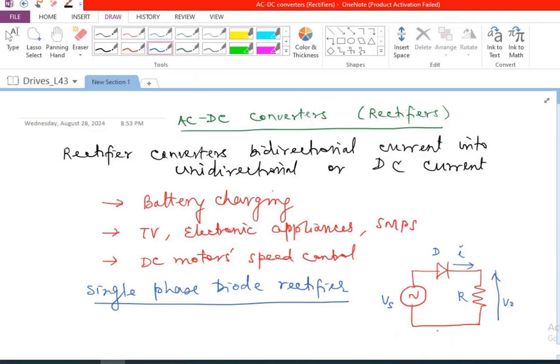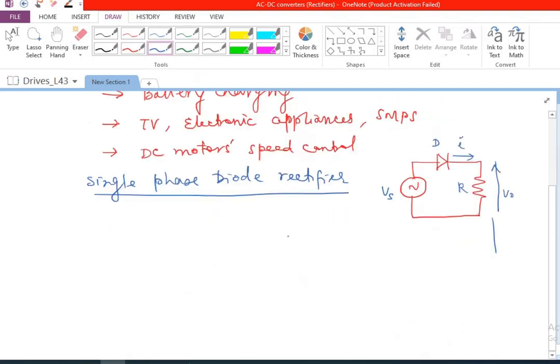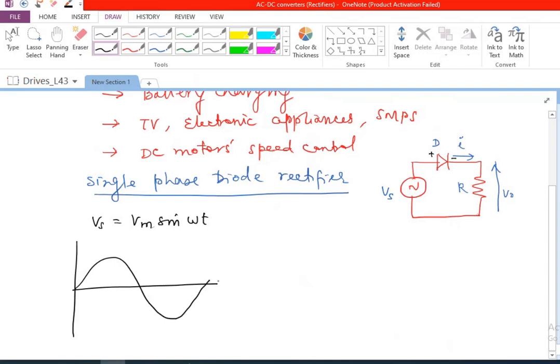This diode will conduct only when the anode is positive with respect to the cathode. And if I'm talking about a sinusoidal voltage, Vs will be equal to Vm sine omega t. So I can plot it like this, this is how my sinusoidal voltage is, and this is omega t.